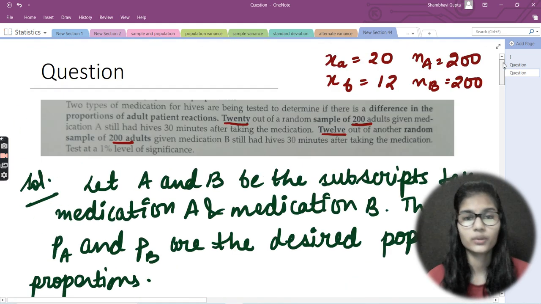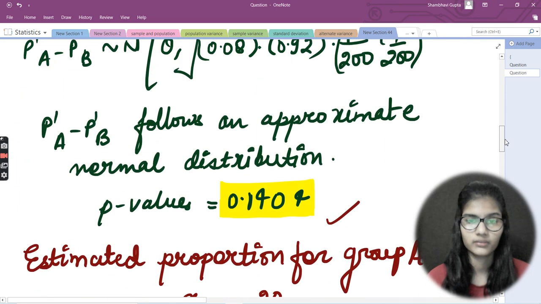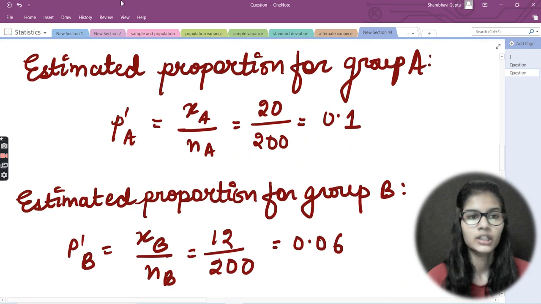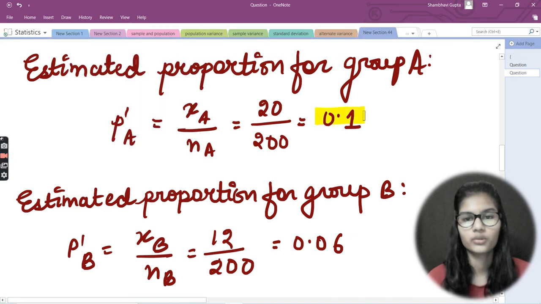Right, so I hope you got this question, and if you solved it, you solved it absolutely correctly, because there is nothing difficult which I left for you to solve. In the previous video as well I mentioned what you need to do.